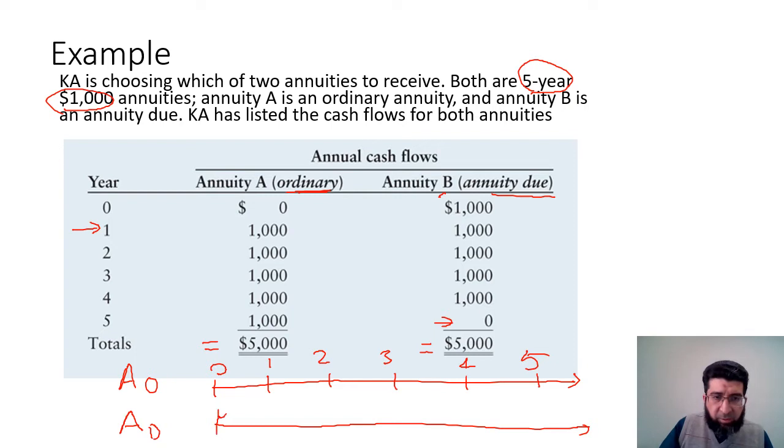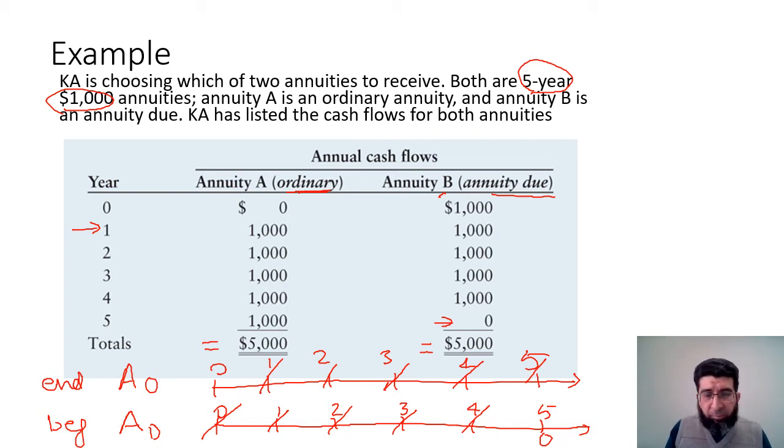It will be the same timeline with 0. If you plot these 1000s, they will be on these lines for AO, the ordinary annuity: year 1, year 2, year 3, year 4, and year 5. For the annuity due, it will begin from this point and go on through these years, with 0 in the last year. So this is end of year, and this is beginning.